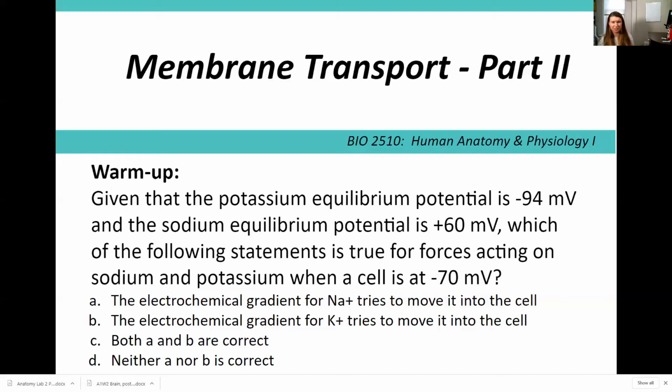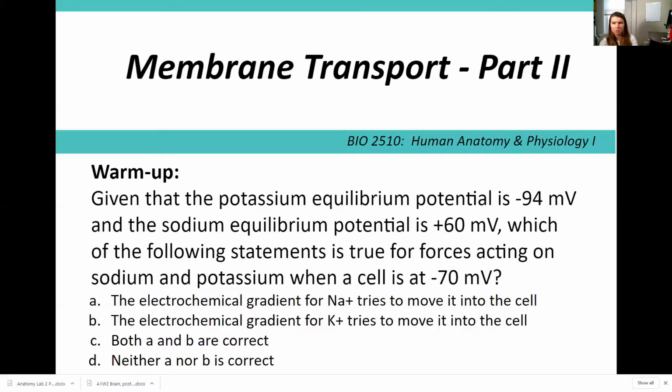So we can see right off the bat that our sodium and our potassium are probably going to interact pretty differently with regards to this cell. When we're looking at the electrochemical gradient, a way we can think about the equilibrium potential is that the ion is trying to pull on that membrane potential until it reaches its preferred value.